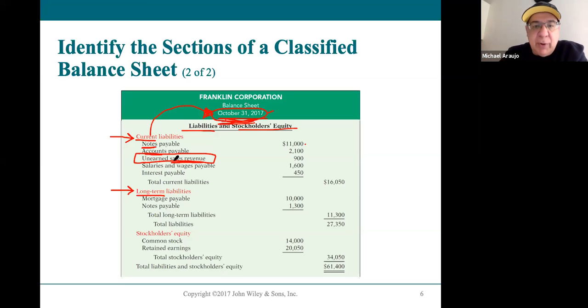You're paying someone to do some type of labor for you. So unearned sales revenue means that the customers, in this case for Franklin, have paid Franklin Corporation upfront, and they're waiting for the delivery of the good, whatever they paid for.